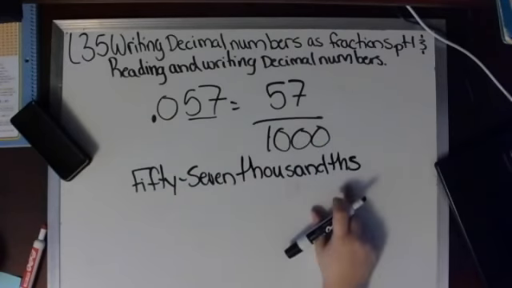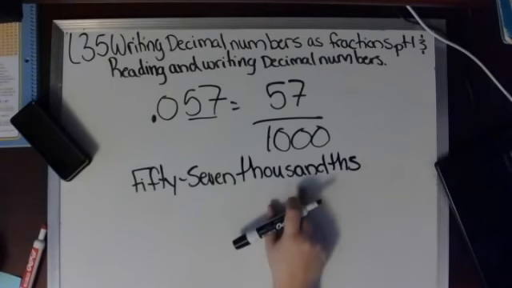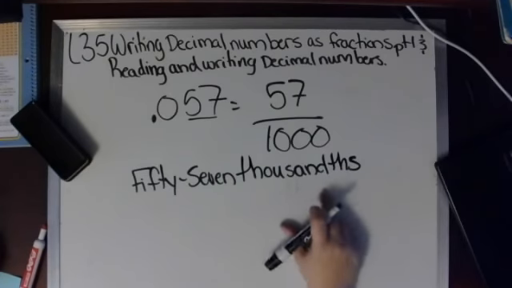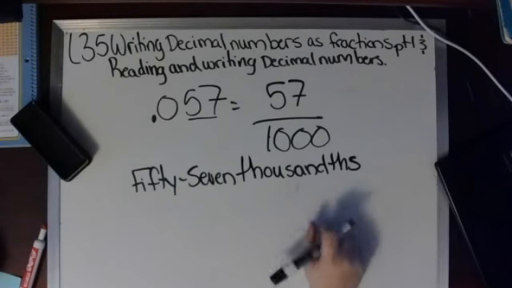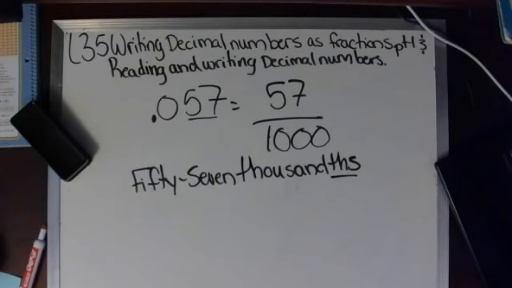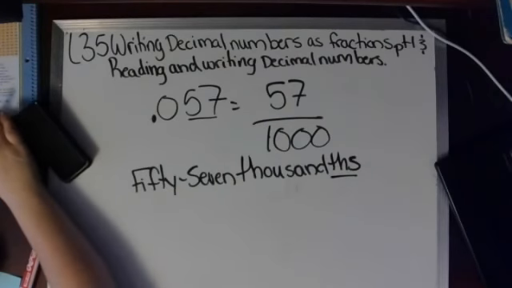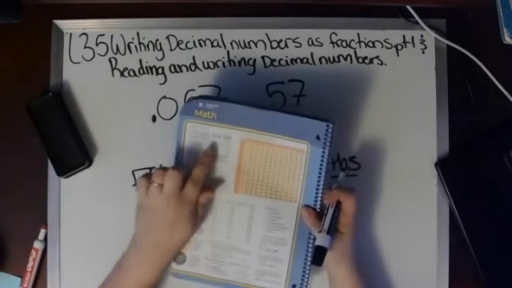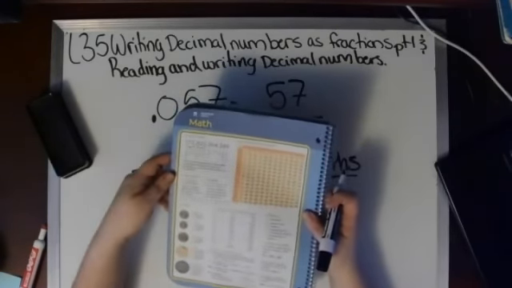Now, thousandths is written the same as thousand. It just has the ths at the end. Same with tenths and hundredths. It just has this ths at the end, ths, like a snake. If you need help with your spelling, you can always come into your handy dandy planner, and it shows you underneath each column up here the different spellings for what the columns are.